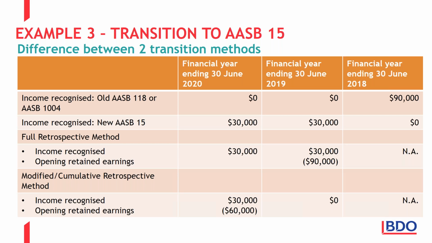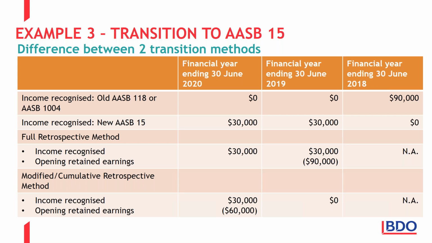Now, if we look at how we recognized income previously, under the old AASB 118 or AASB 1004, we recognized the income when we received the money, and we recognized it in 30 June 2018. That's my assumption.